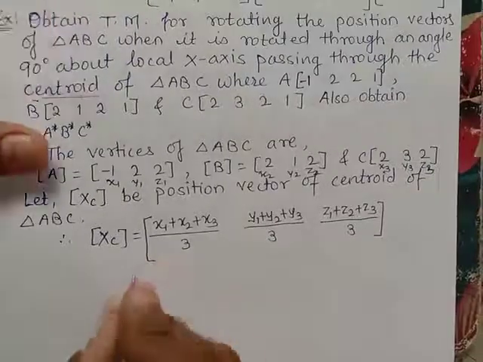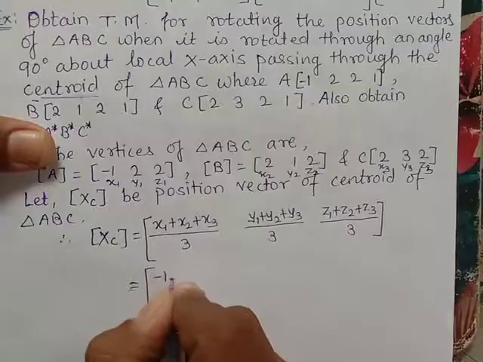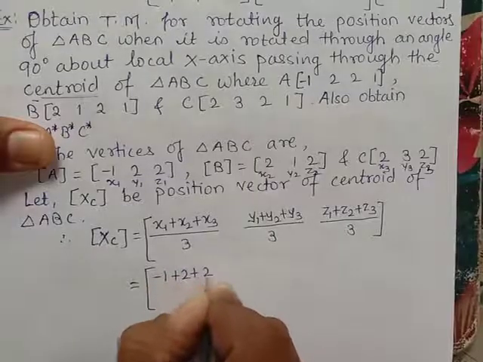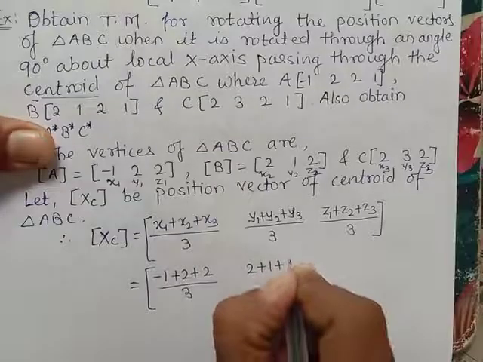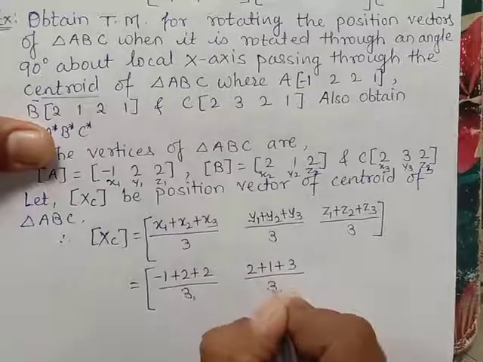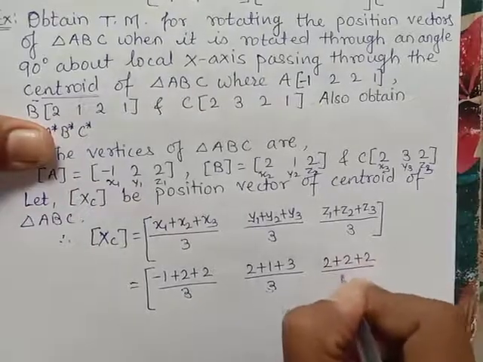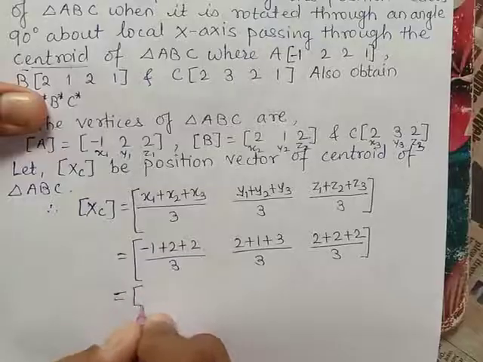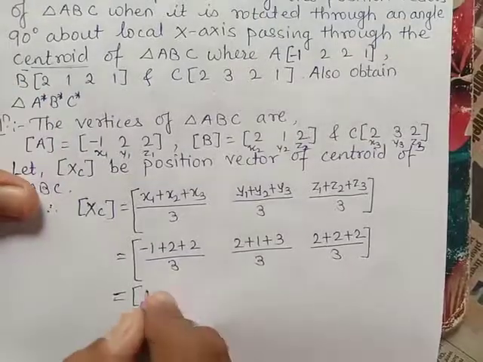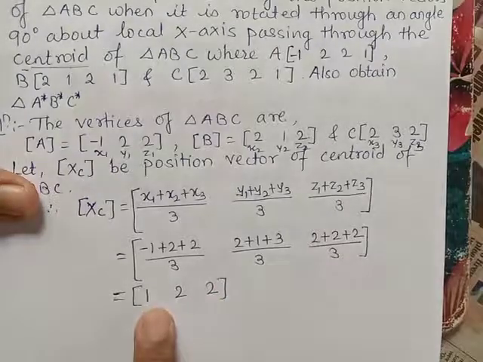This gives us -1 plus 2 plus 2 upon 3, 2 plus 1 plus 3 upon 3, and 2 plus 2 plus 2 upon 3. And that gives the answer 1, 2, 2. So this is the centroid now.